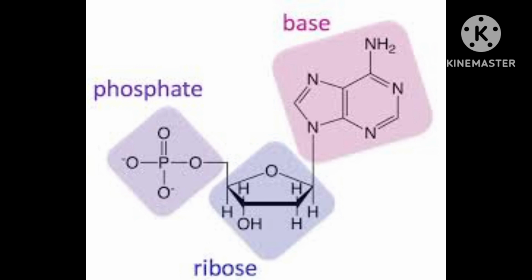Second is guanine, capital G. And third is cytosine, capital C. Fourth one is thymine.